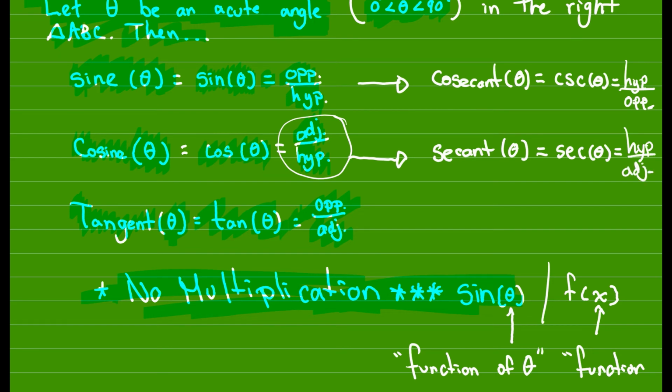And lastly, this is the easiest one to remember, at least for me. What is the reciprocal of tangent? Well, cotangent theta. And we just say cotangent theta. And this is equal to the reciprocal again, adjacent over opposite.